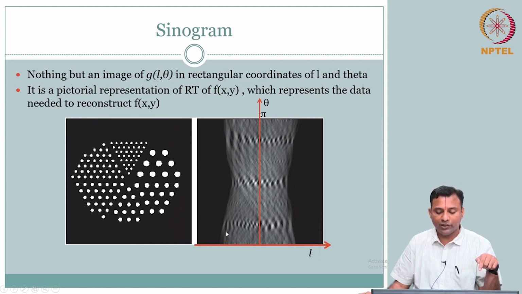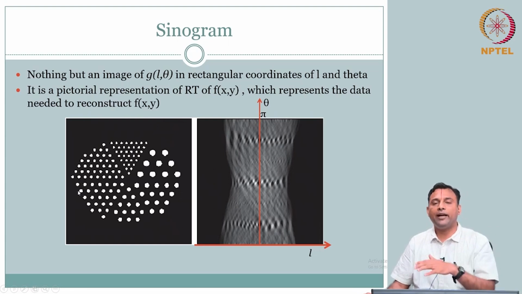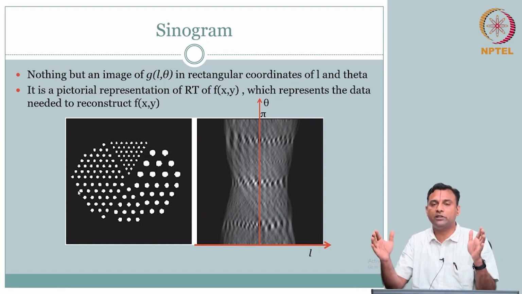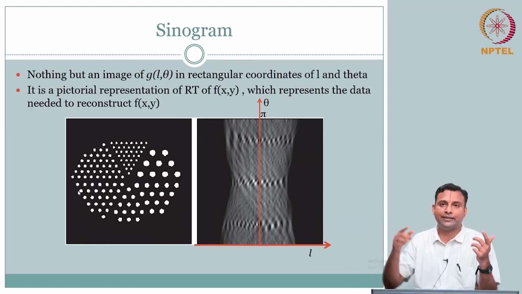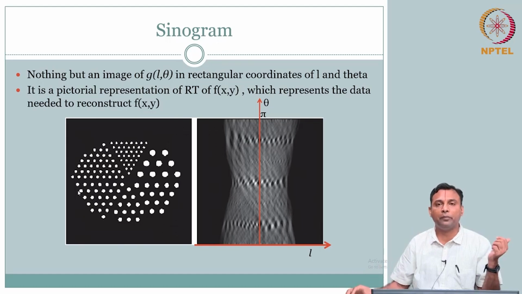So, gradually you get to 90 degrees, you get the shorter width, and then again when you start to move away, you stop just before 180 degrees. Why? Because at 180 degrees you are starting to see the same pattern. You project from this side and collect on the other side, or project from the other side and collect on this side, it is the same line. So, the line integral is going to be the same.